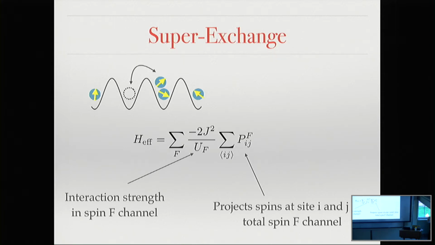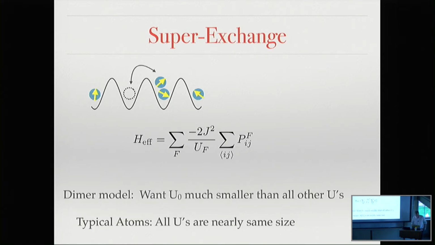Okay? And if you look at something like rubidium, these U_Fs are roughly all the same. If you look at lithium, they have a little more of a spread. And what we're going to want to do is try to find a situation where the F equals 0 term dominates.